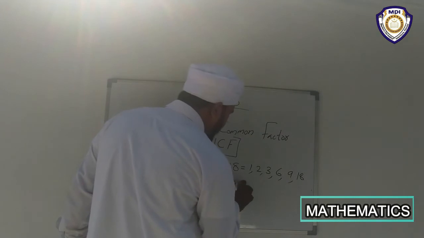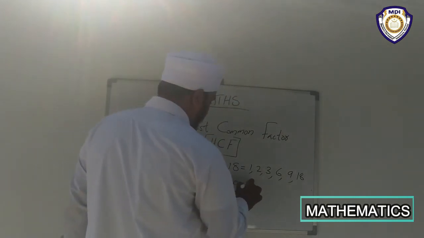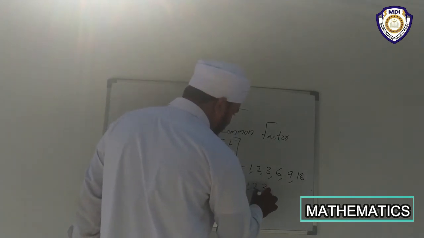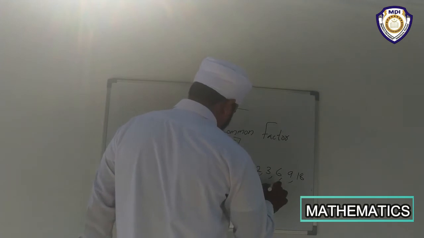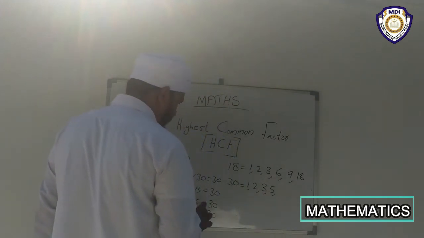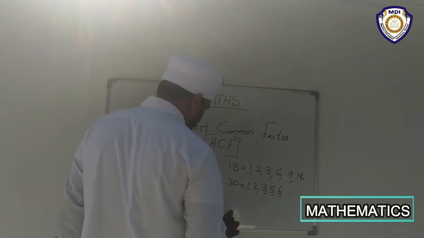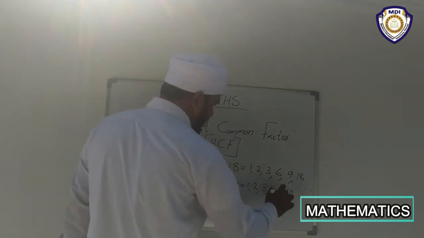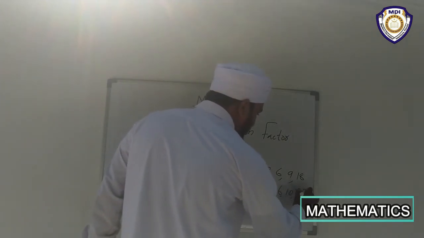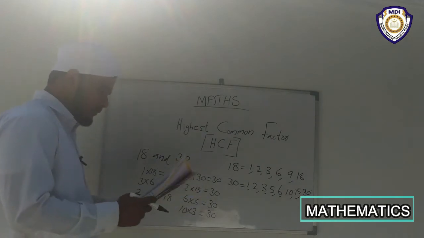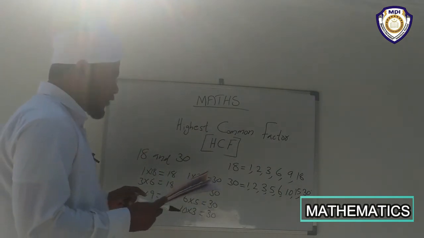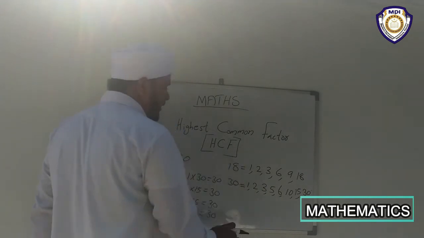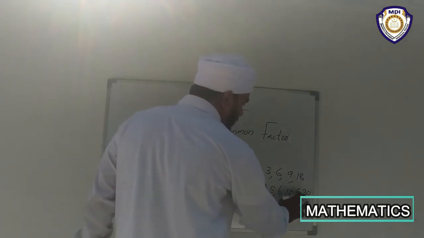These are the factors of 30: 1, 2, 3, 5, 6, 10, 15, 30. These are the factors of 30.